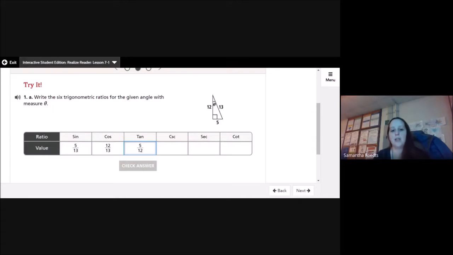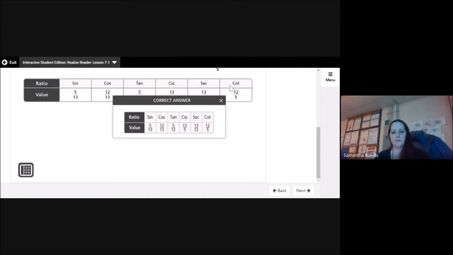My cosecant is just the reciprocal of my sine. My secant is the reciprocal of my cosine, and my cotangent is the reciprocal of my tangent. Yes, it really is that simple.